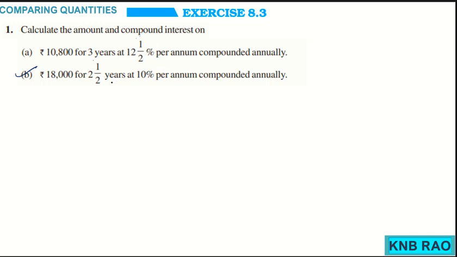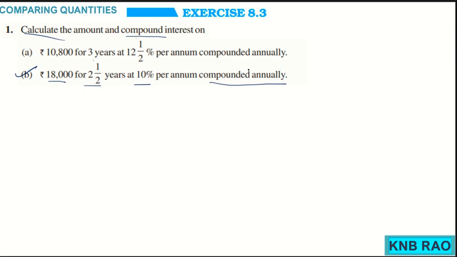The others you have to solve on your own. Coming to the question number 1 and sub question B. Calculate the amount and compound interest on 18,000 for 2.5 years at 10% per annum compounded annually.